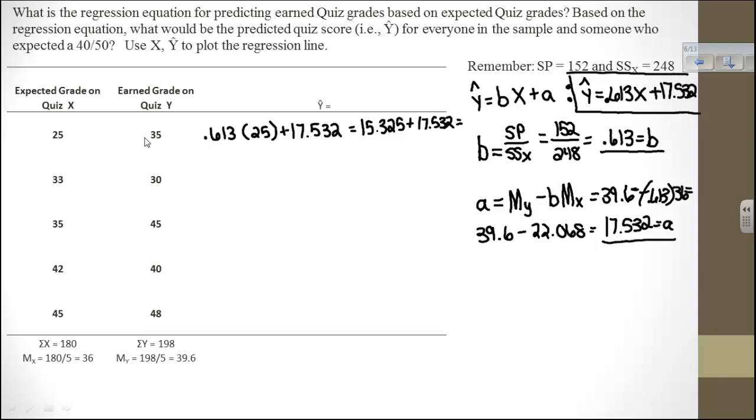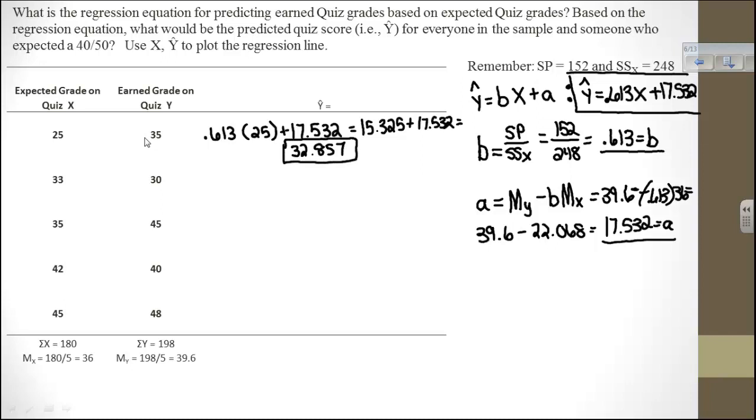And I would predict, let's use the word predict, that somebody would earn a grade of 32.857 on the quiz if they expected their grade to be a 25.